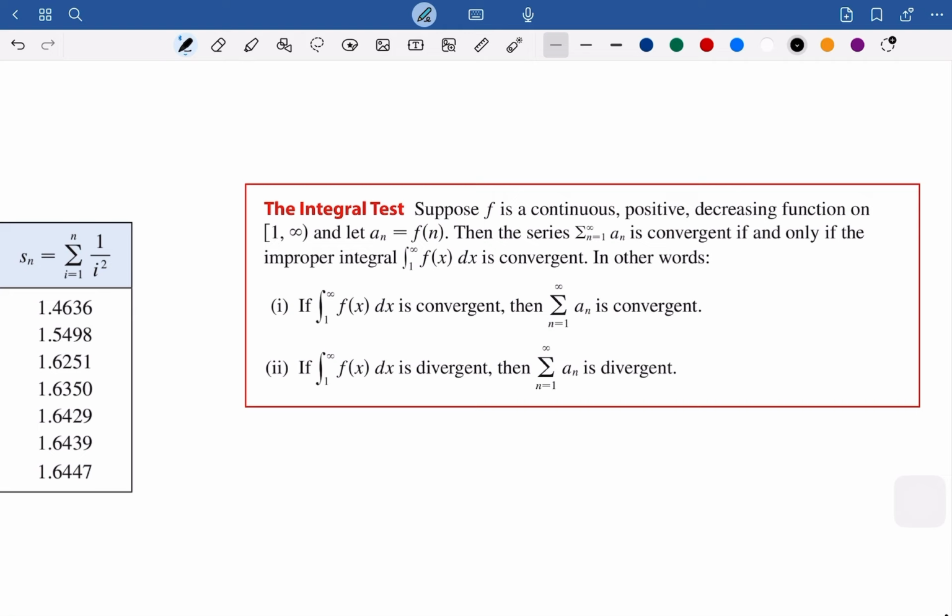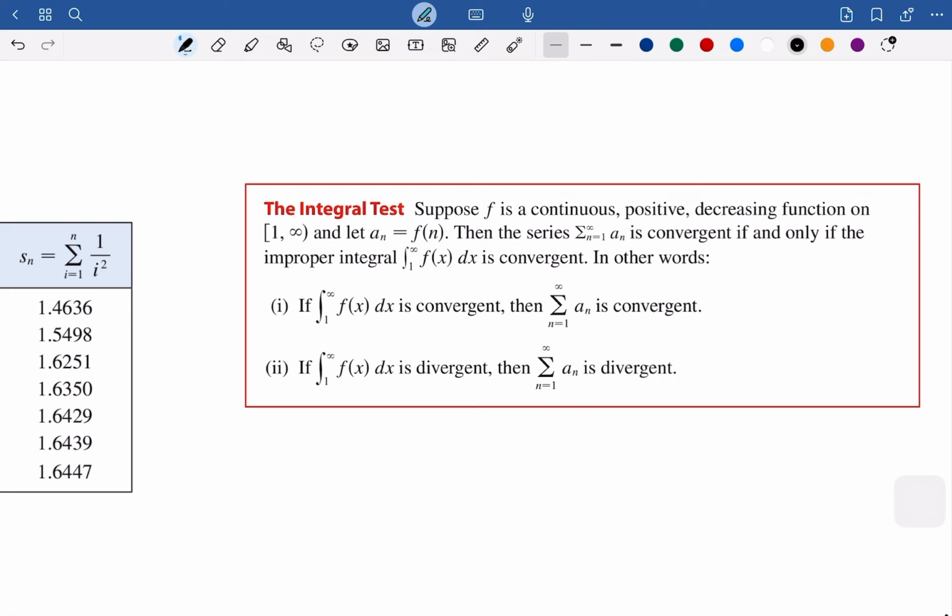So whenever you see a series and you think that the series can be from a function that is decreasing, you can check the improper integral. If the integration converges, it means the series will converge. Okay, if it diverges, the series also diverges.